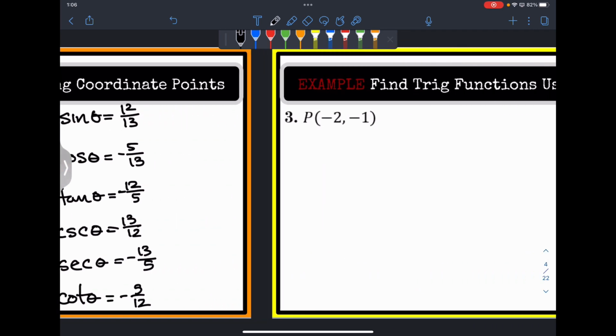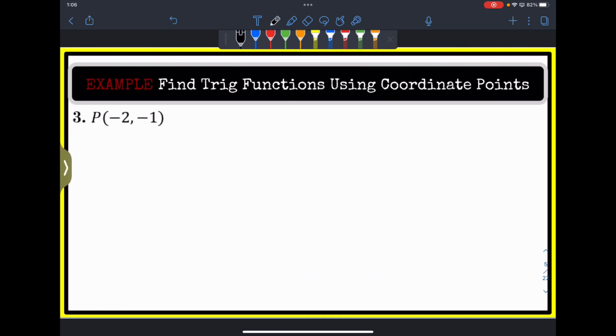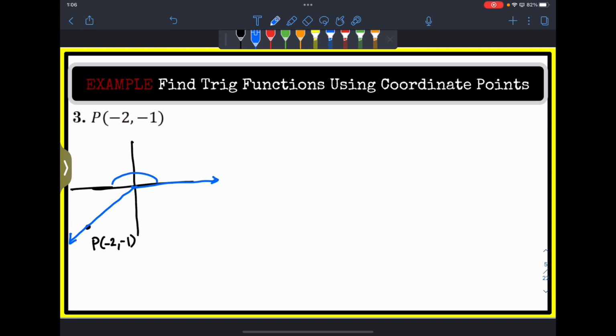Let's do one more example of this. So here's an example of a point that is in quadrant 3. So 2 units to the left, 1 unit down. Again, this is not drawn to scale, okay? But we have this angle theta here. So in order to figure out the 6 trig functions of this theta, I first need to figure out the distance of this red line, r.